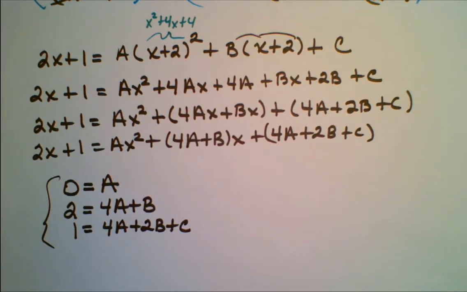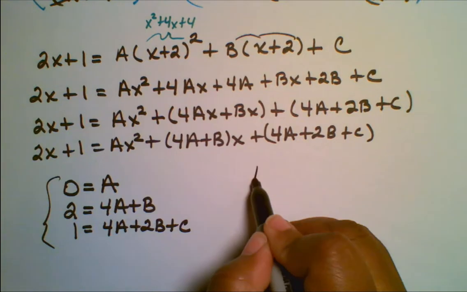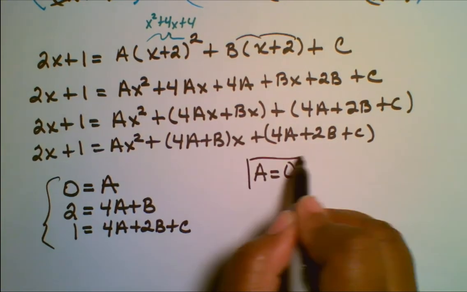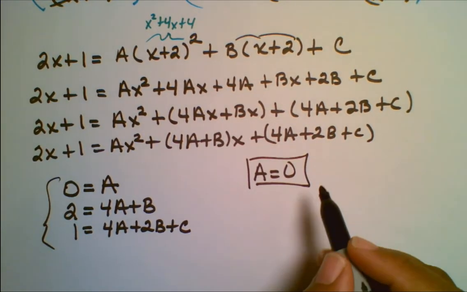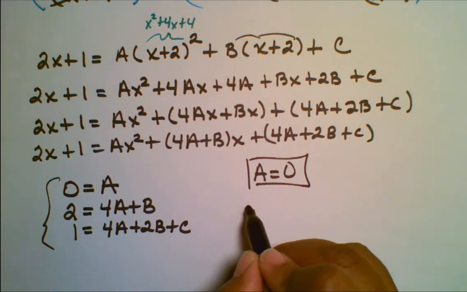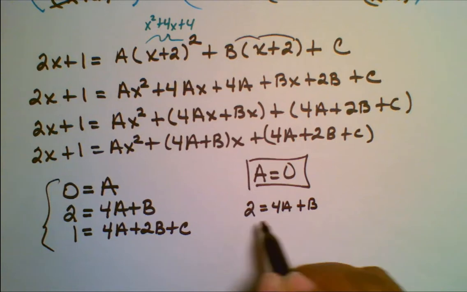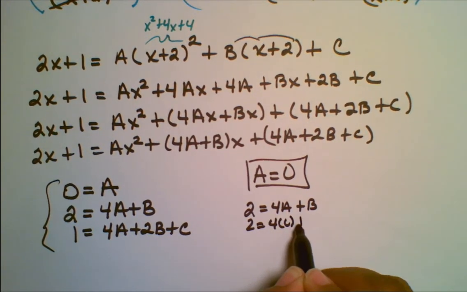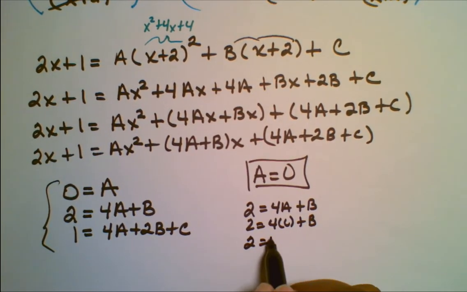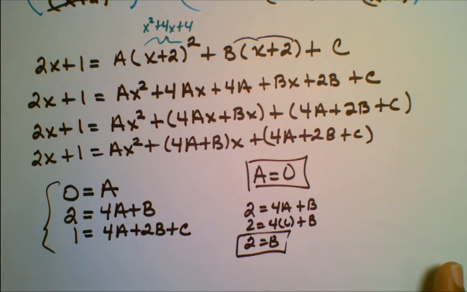We have A is 0. Let's find B. You have 2 equals 4A + B. 2 is equal to 4 times 0 plus B. Therefore, B is 2.